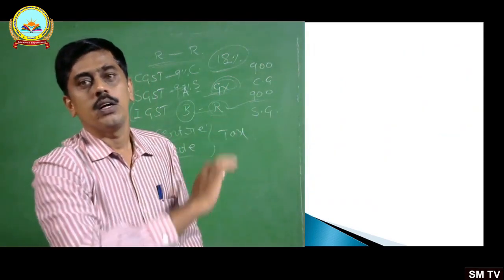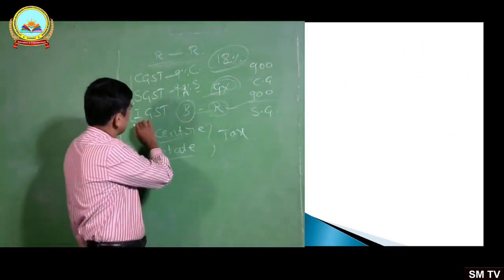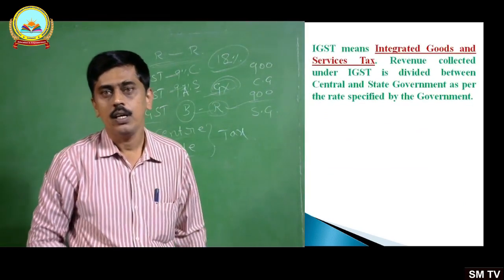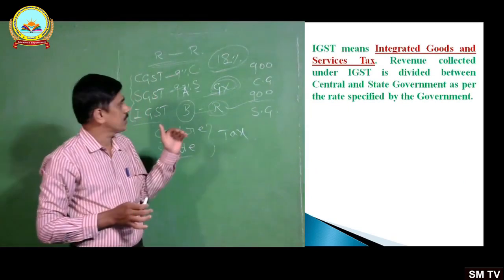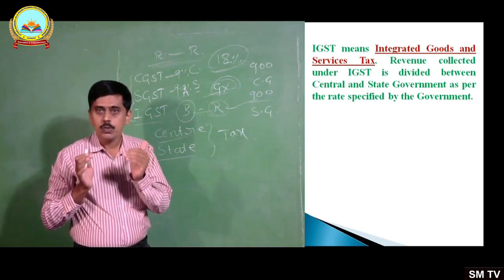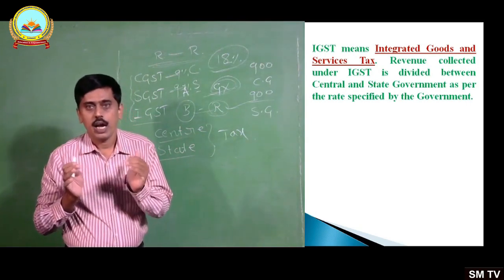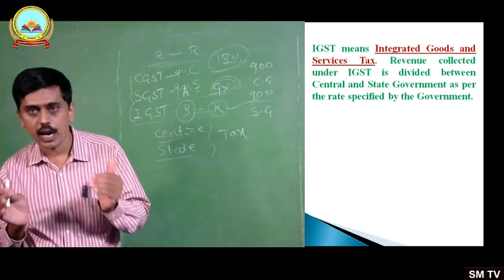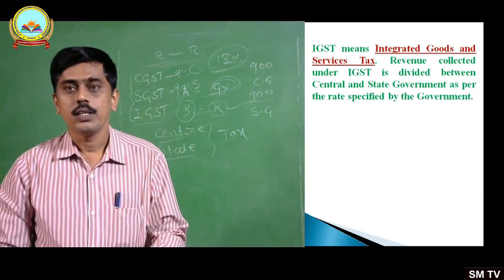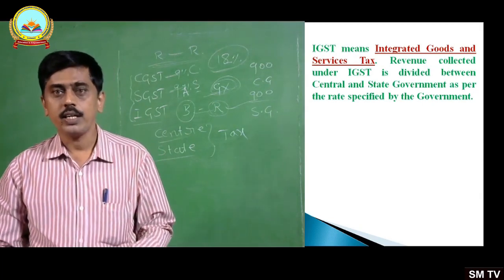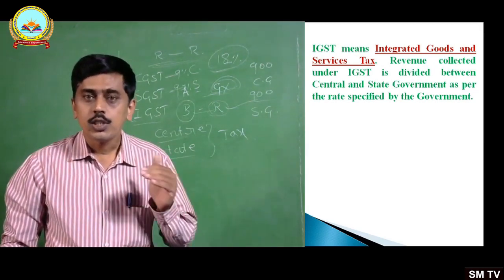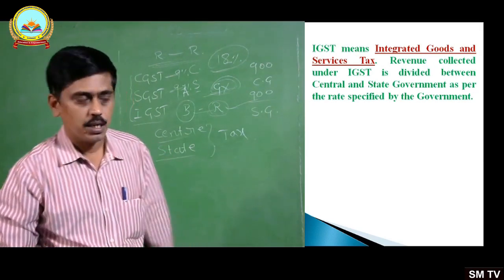Next, one more is IGST. What it says? IGST means Integrated Goods and Services Tax. And revenue collected under IGST is divided between central and state government as per the rate specified by the government.